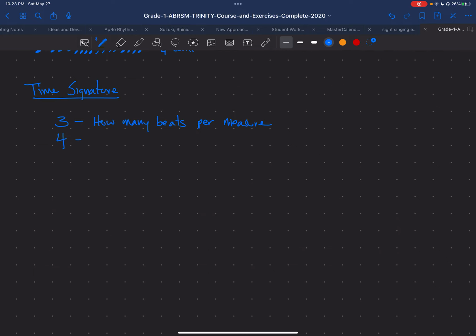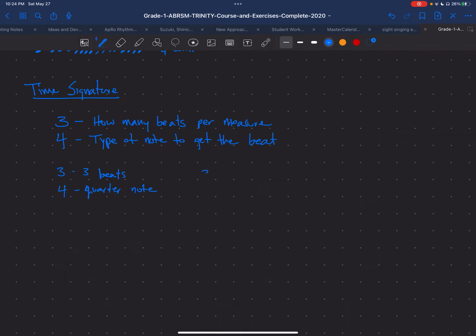And the bottom number tells us the type of note to get the beat. So in this example, this is saying that we would have 3 quarter notes. So the three beats, and the 4 is quarter notes. So we have 3 quarter note beats in every measure.